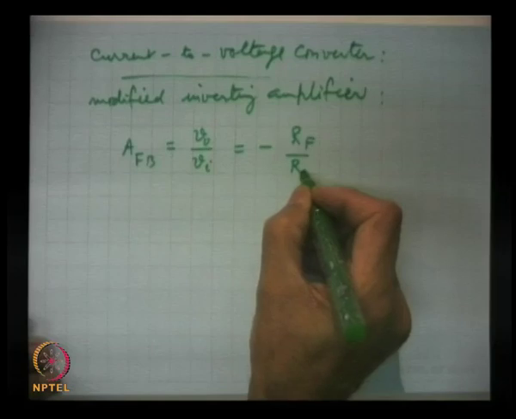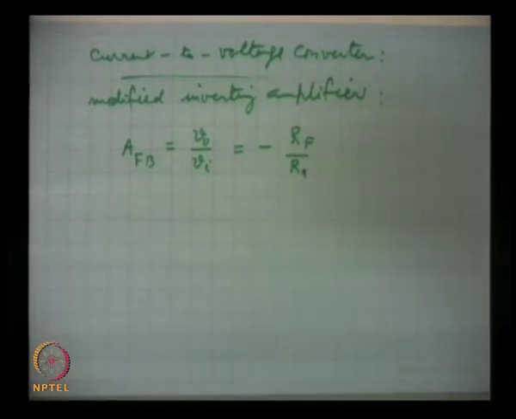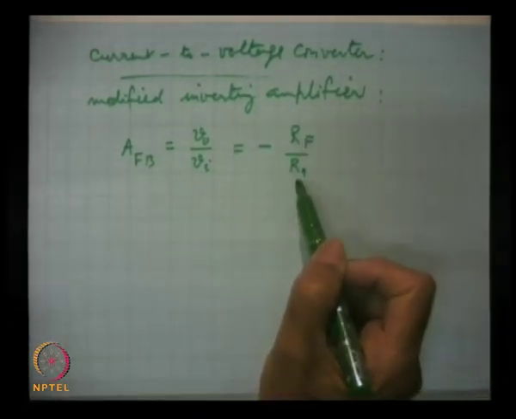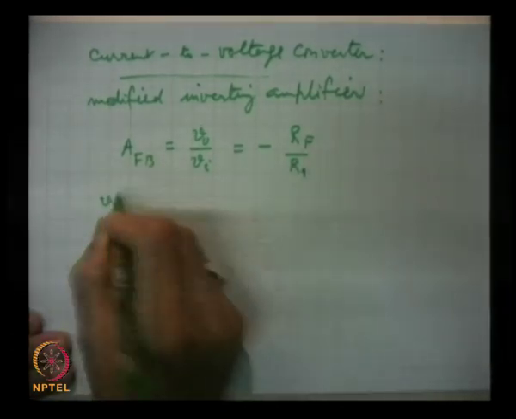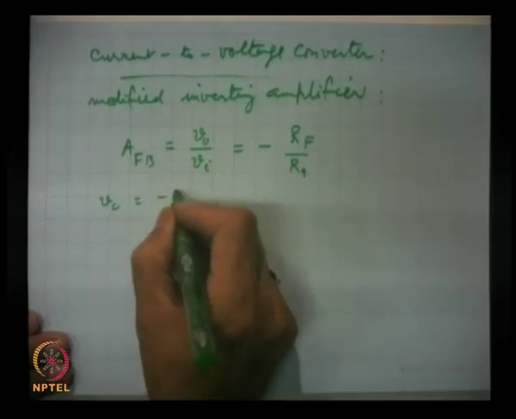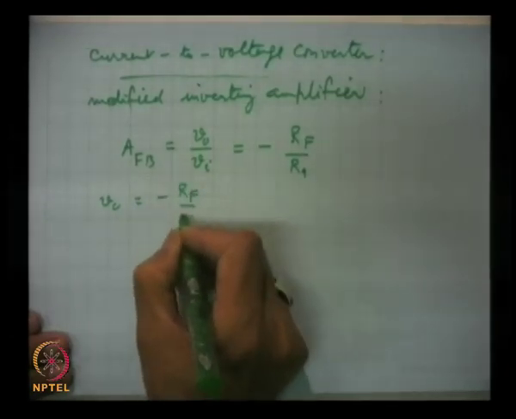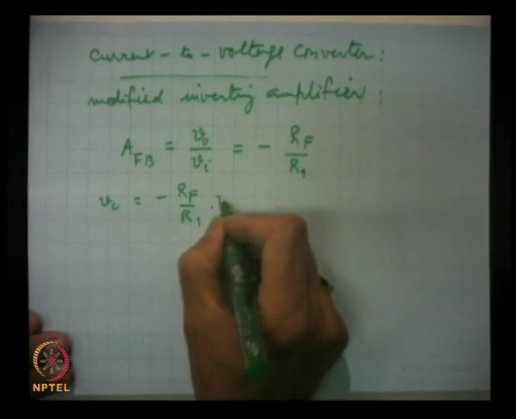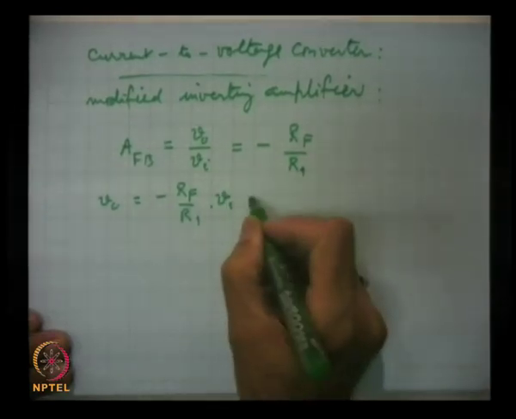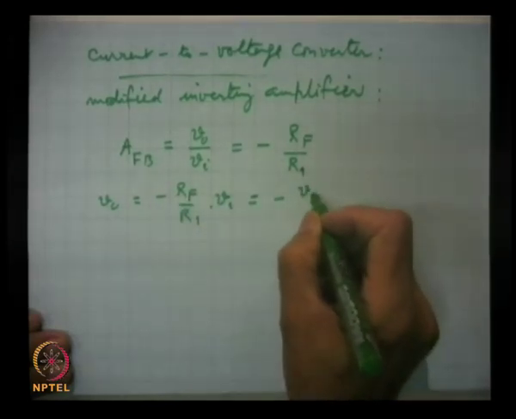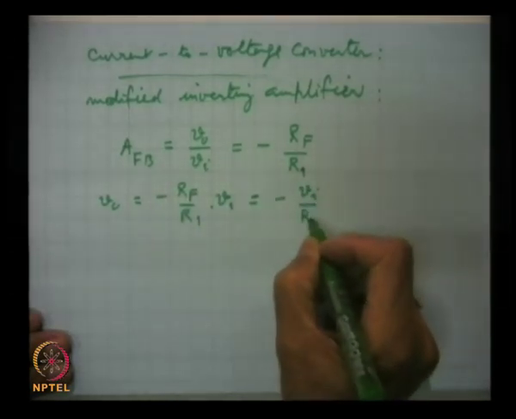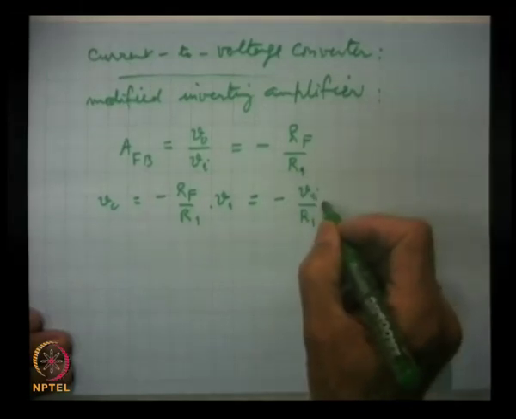This we have been saying all through, that for an inverting amplifier, gain is the ratio of the two resistances, the feedback resistance and the input resistance, and from here V out is simply minus Rf by R1 into Vi, or this is equal to minus Vi by R1 into Rf.